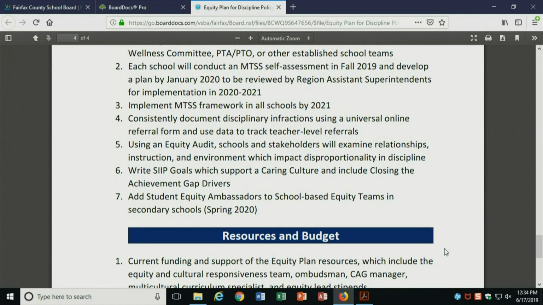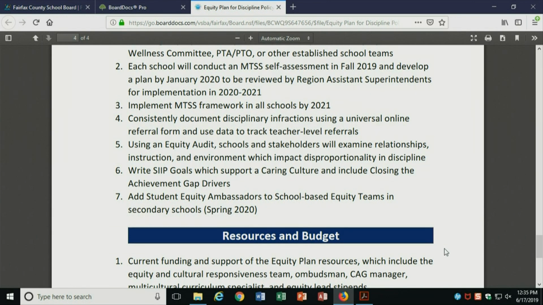And in fact, just last week, we've already begun to work with Mary Beth Loveklass and her team on how we can have a universal online form put in place so that at the system level, at the school level, pyramid level, region level, we can begin to disaggregate and look at our teacher level referrals, out of school suspensions, and in school suspensions. As you heard from the ORSI report, they were not able to analyze that because we don't have that type of data available.